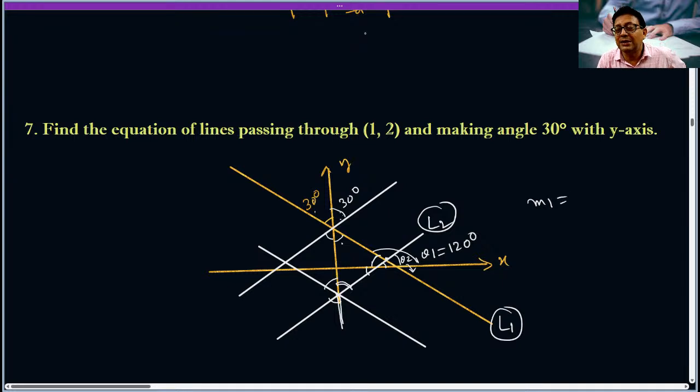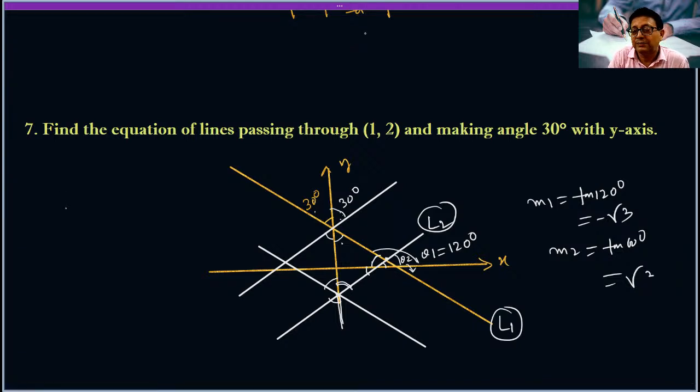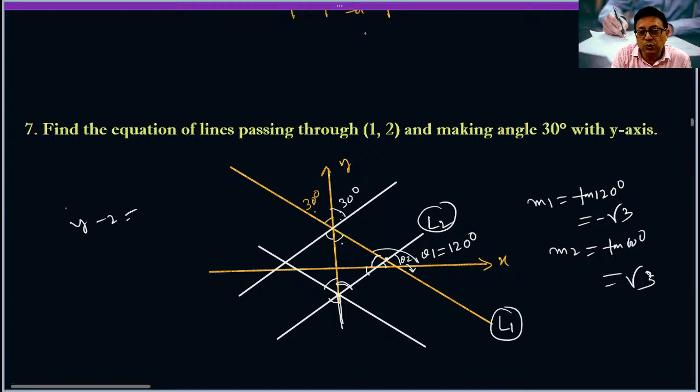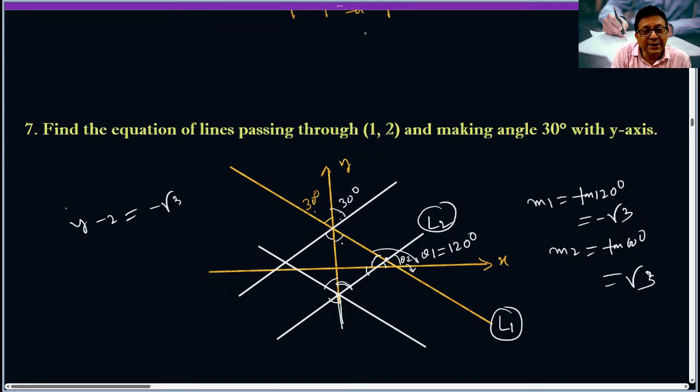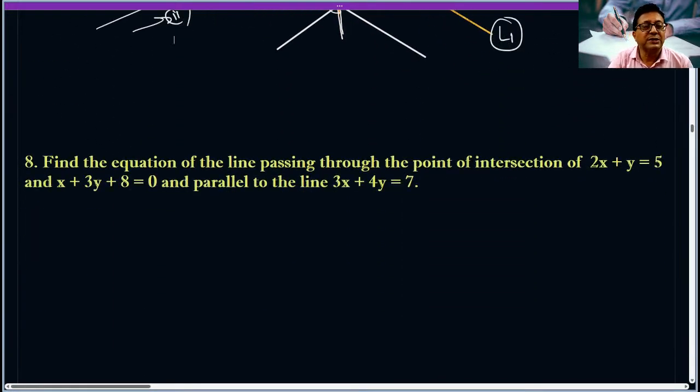So M1 is tan 120 and M2 is tan 60, √3. So line will be what? Y minus 2 equal to M. This is number 1 and y minus 2 equal to √3 x minus 1. Understood? Is it clear? Go for next.